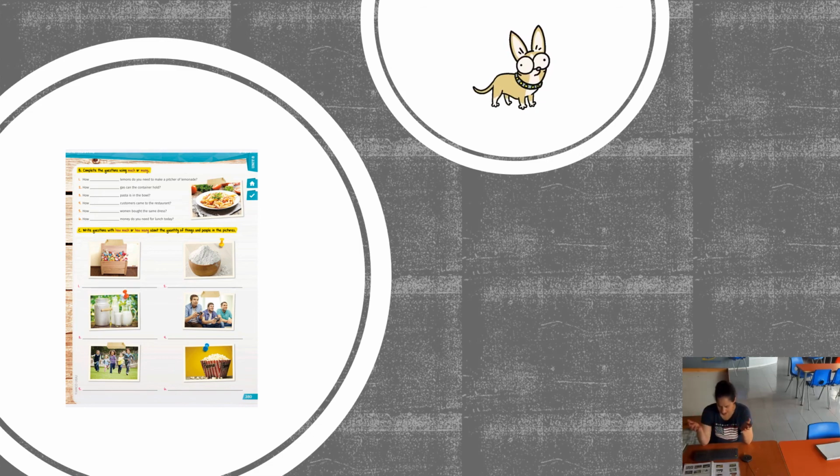Easy cheesy, Japanesey. You do exercise B and C. Think. Can I count them? 1, 2, 3? Or do I have to measure it? If I can count it, it's how many. If I have to measure it, it's how much.